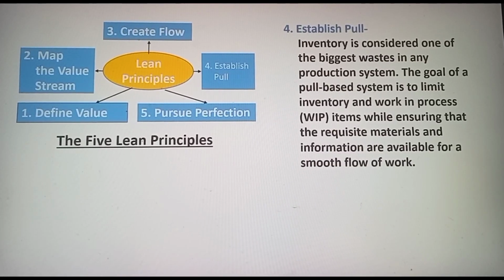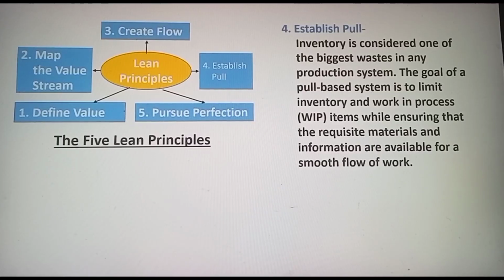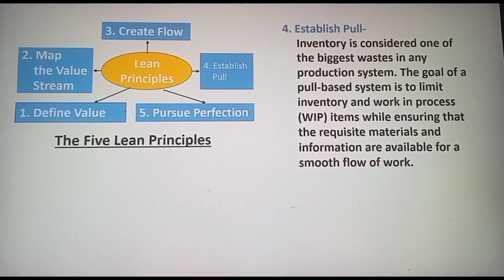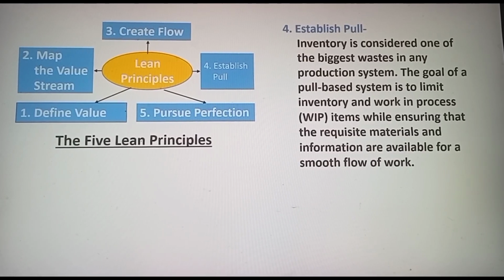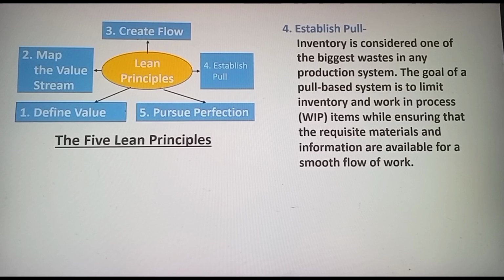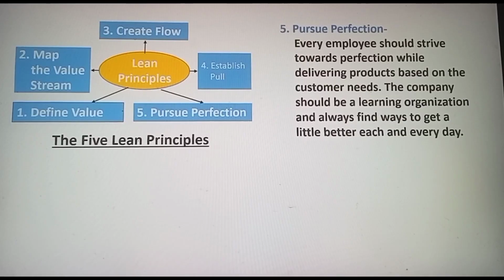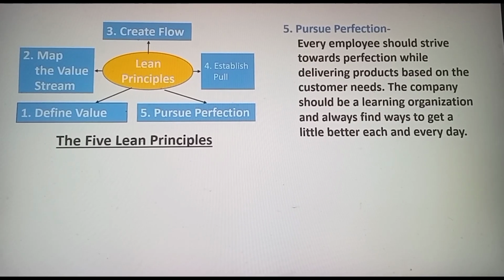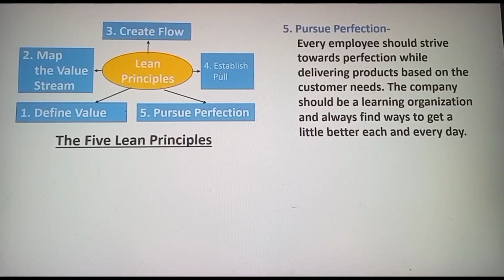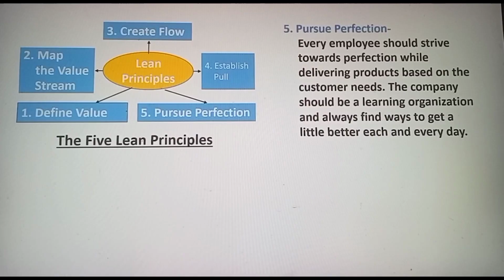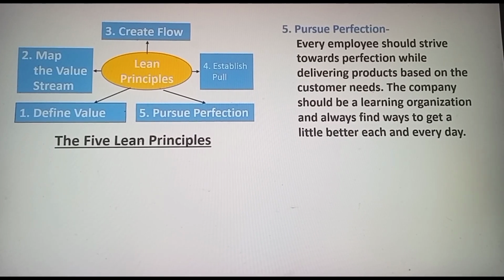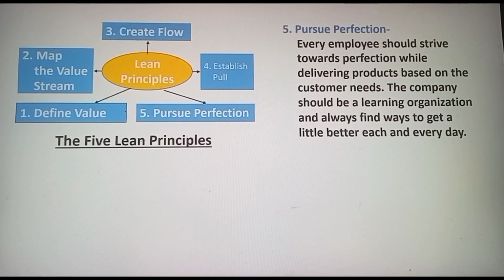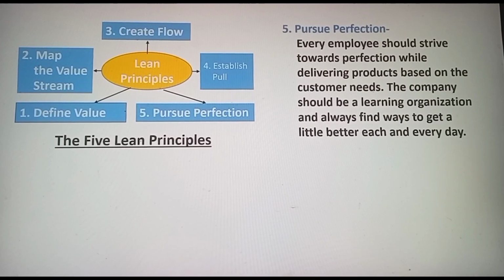The goal of a pull-based system is to limit inventory and work in process (WIP) items while ensuring that the requisite materials and information are available for a smooth flow of work. Fifth, pursue perfection. Every employee should strive towards perfection while delivering products based on the customer needs. The company should be a learning organization and always find ways to get a little better each and every day.